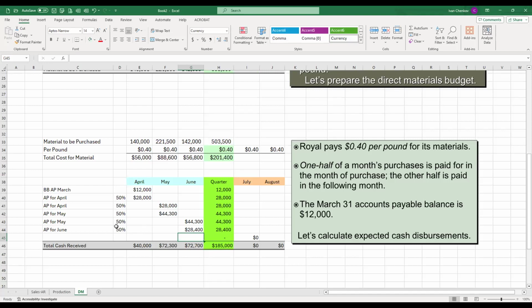So now the question is, how much will our accounts payable be at the end of the quarter? Half of June. It's going to be 56 times 50%. So we have to enter 50% here and we're going to get it. So that will be our accounts payable.